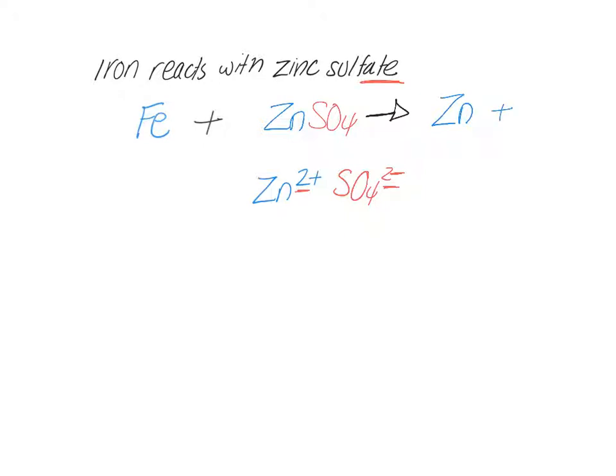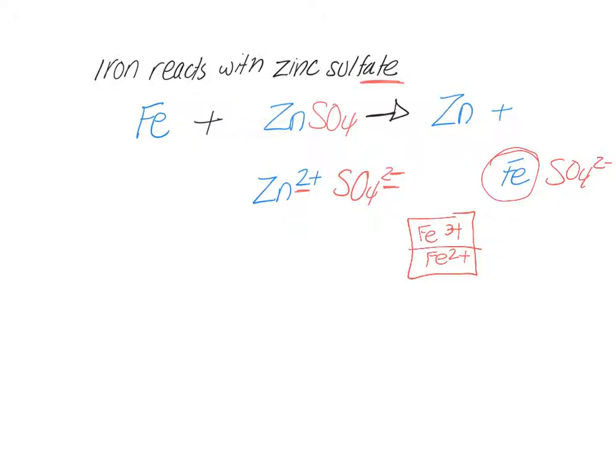So easily I can just write zinc because that one is all by itself. It is not a diatomic, so it won't be in 2s. Now the trick here is I'm going to have to figure out iron and sulfate. Sulfate is SO4, 2 negative. But what kind of iron do I have? When I look at the table of ions, I can see that iron can be iron 3 positive or iron 2 positive.